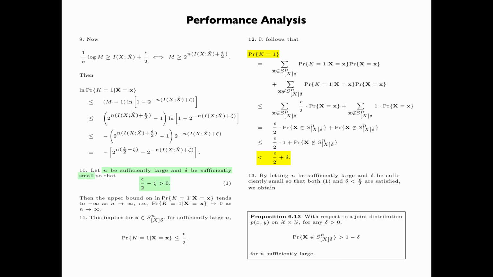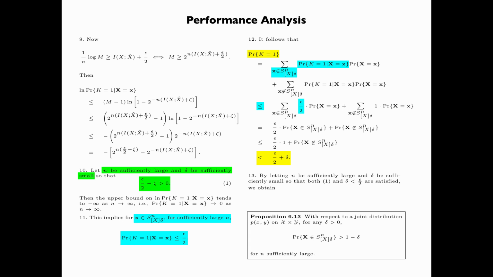By letting n be sufficiently large and delta be sufficiently small, so that epsilon over 2 minus zeta is greater than 0. Recall that we need this condition to ensure that for sufficiently large n, for sequence x in the S set, the probability that K is equal to 1 given X is equal to x is less than or equal to epsilon over 2, and this contributes to the term epsilon over 2 in the above upper bound on the probability of K equals 1.